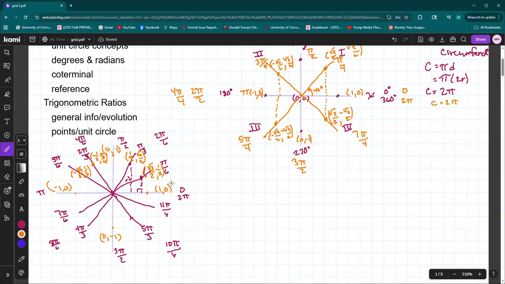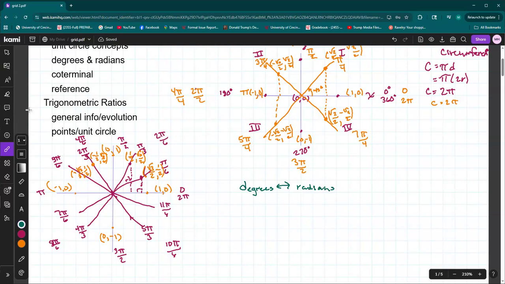Now, for degrees and radians, when we're talking about those, I'm going to use this. Degrees to radians, we can use any comparison that we have on any of these coordinate grids or unit circles.